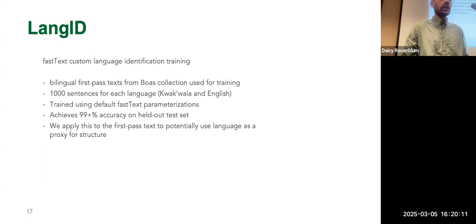It's a binary classification model trained using default settings in fastText. Because the languages are so different and we have plenty of sentences to train the model on, we use about 1,000 sentences for each language for training. We get pretty decent accuracy of identifying the languages in the first pass.